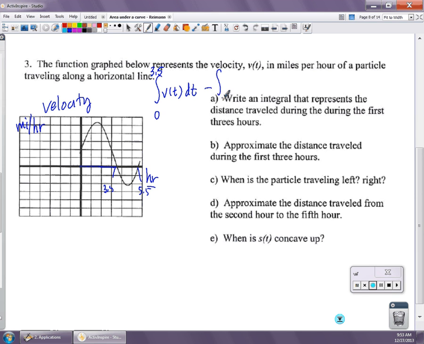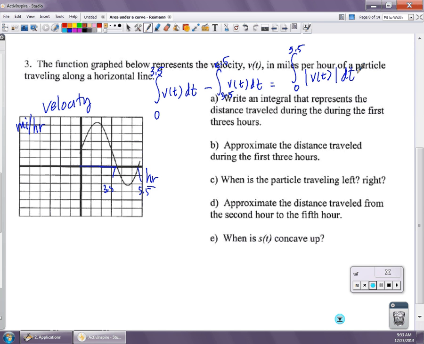So we go from 3.5 to 5.5 of v of t dt, which is the same thing as going directly from 0 to 5.5, and we can take the absolute value of velocity to force all of that negative region to become positive. So either of those, you should be able to write the integral with or without absolute value.